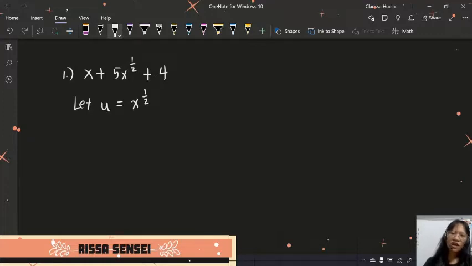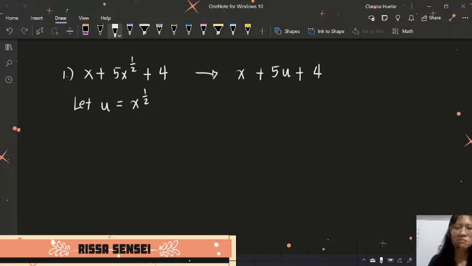If I assign u to be x raised to 1 half, what will happen to this? So, ito, magiging 5u. Okay? So, this will now become x plus 5u plus 4.